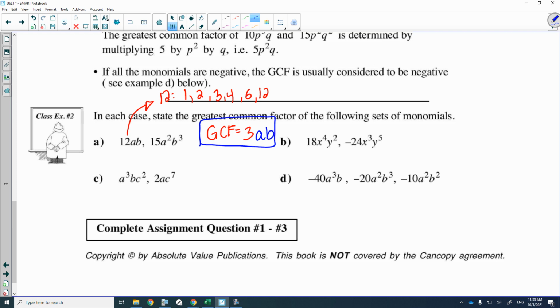Do B for me. Don't worry about that negative. So tell me what you think the GCF for B is. Anais, what do you think for B?